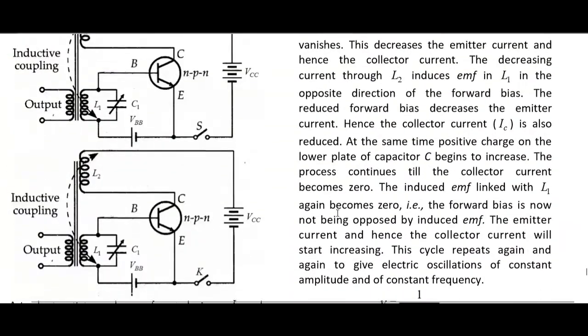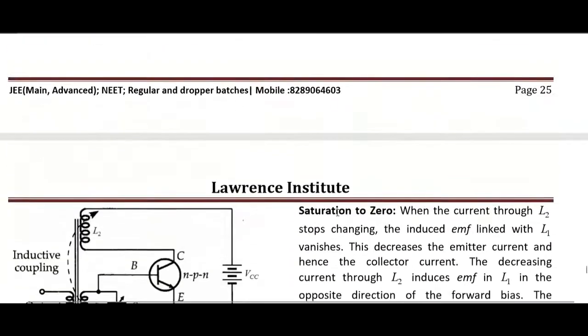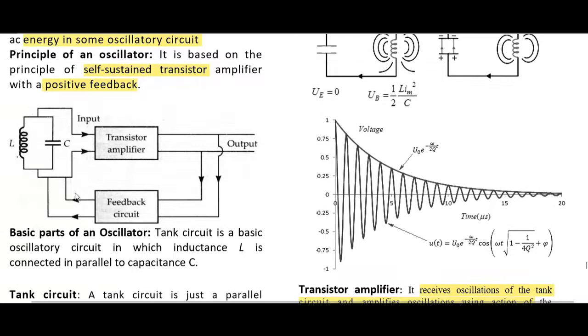And to make up for it, what we do, we just use an amplifier. Amplifier amplifies the output and then gives a part of this output back to the circuit. And this positive feedback, which gives the signal in phase with the LC oscillation, makes up for the loss due to damping.